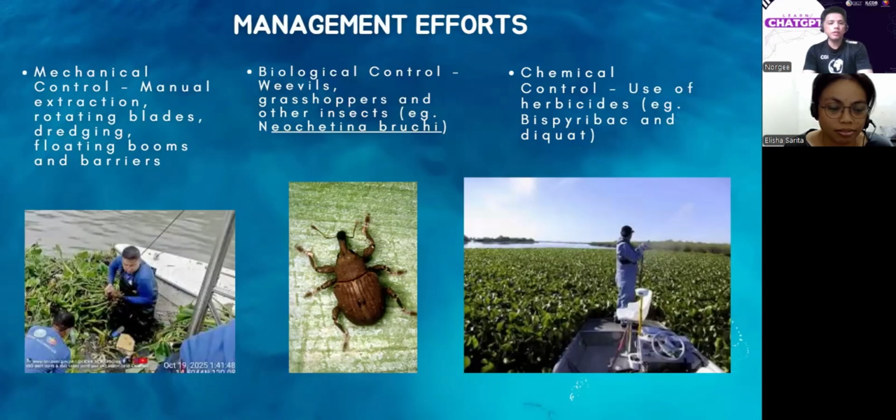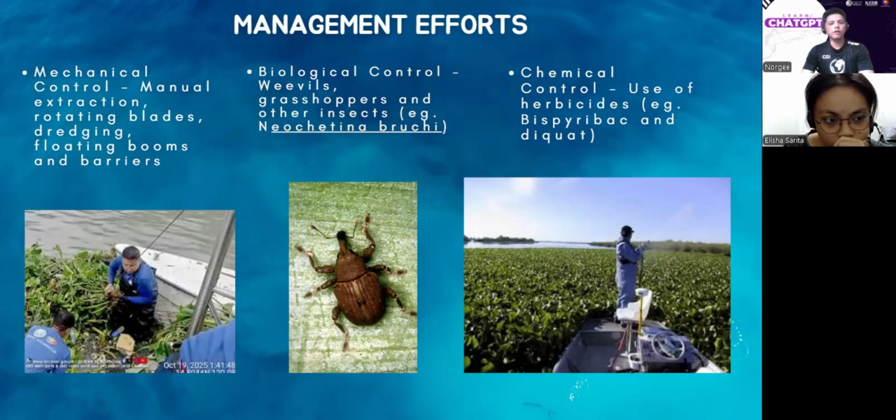There have been multiple attempts to control the proliferation of water hyacinths, to some extent to eradicate them. We can consider mechanical control by use of blades and dredging. And of course, we can see it in the Pasig River, where there are floating boats and people from DENR manually removing the water hyacinths.